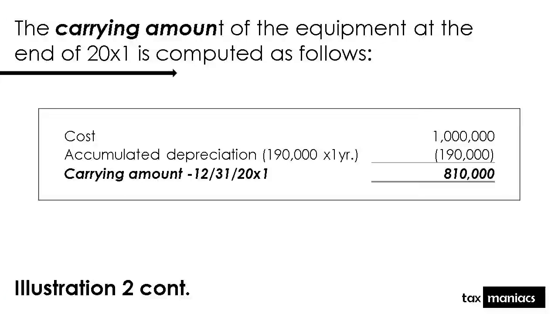Therefore, Entity A recognizes depreciation of 190,000 pesos per year during the 5-year life of the equipment. The carrying amount of the asset at December 31, 2005, when the asset is fully depreciated, would be 50,000, equal to the residual value, or 1 million, the cost, minus 190,000 times 5 years.